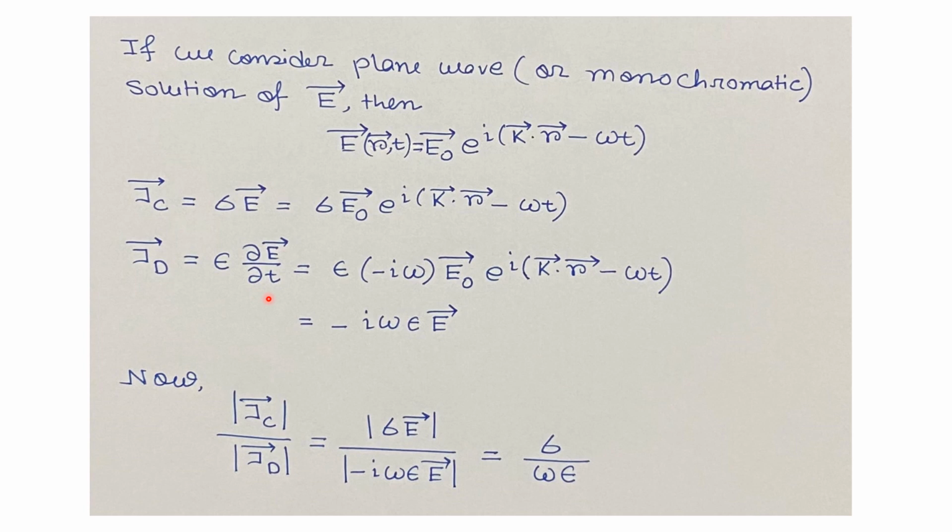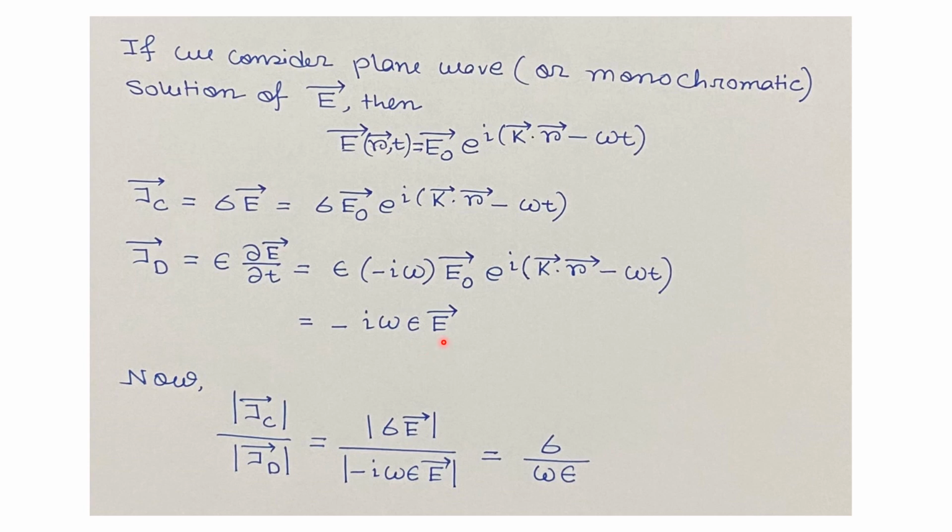So we'll put the expression for E vector in this partial derivative and we'll get epsilon times minus i omega times E naught vector times exponential of i (k dot r minus omega t). Now E naught vector times exponential of i (k dot r minus omega t) is our actual electric field vector. So we can write it as JD vector equals minus i omega times epsilon E vector.